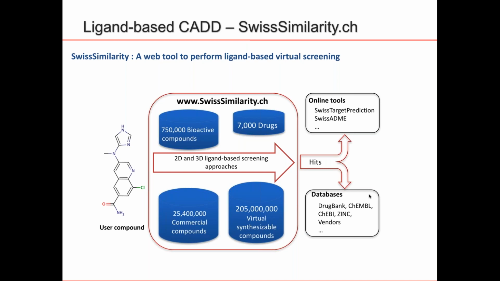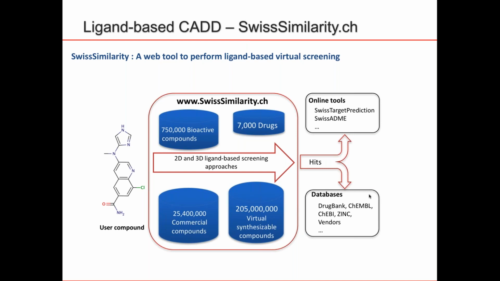The technical burden is to prepare the library for the screening, because you need to take the library, remove solvents, remove ions, check the tautomers, check the protonation state, make three-dimensional conformations for the small molecules. So you have many different technical aspects for the preparation of the run.